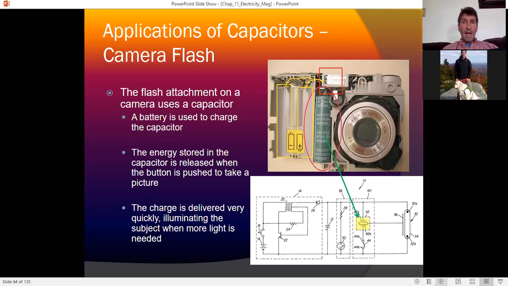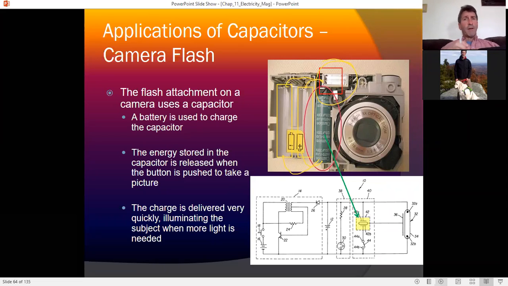So what I do instead is I dump energy slowly onto this capacitor, and then it'll build up, build up, build up, just like that bucket is filling up. And then when I need all that charge and all that energy, I dump it within a millisecond onto the flash, and the flash briefly lights up for a very short moment.